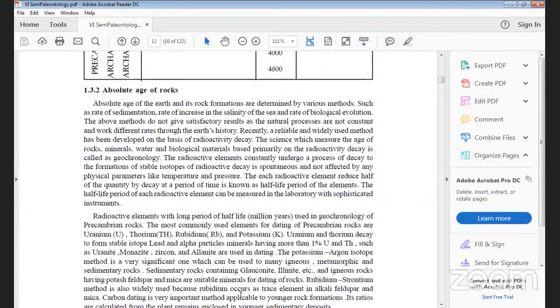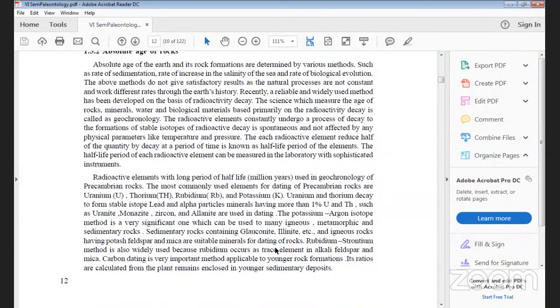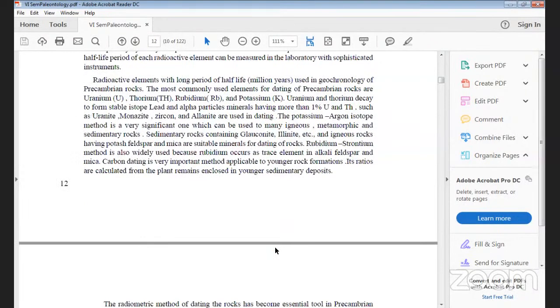The half-life period of each radioactive element can be measured in the laboratory with sophisticated instruments. How can we identify radioactive elements with a longer half-life? They are used as a geochronology of Precambrian rocks.